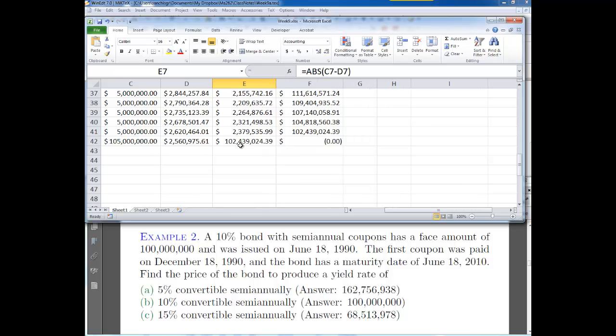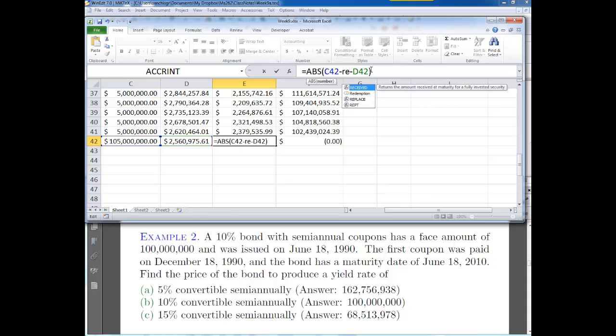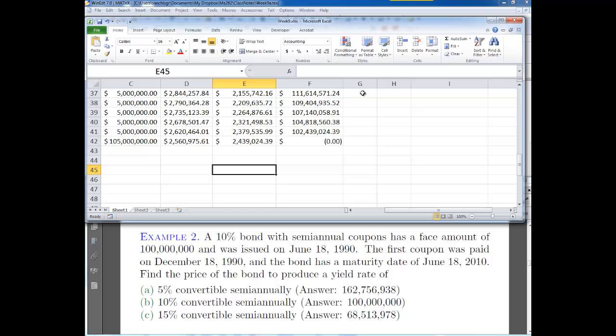Okay, so for this last one, we actually subtract the redemption amount. And let's write the sum of this column here.